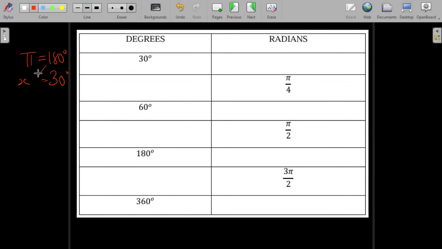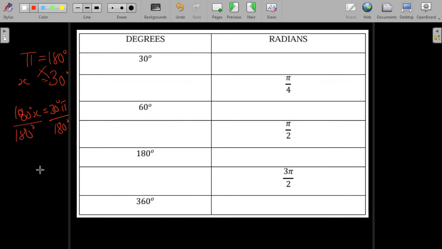If I say 30 degrees is equal to x, and I cross multiply, then I'll have 180 degrees times x equal to 30 degrees times pi. Then I divide by 180 degrees. The 30 divides into 180, that is 6 times.